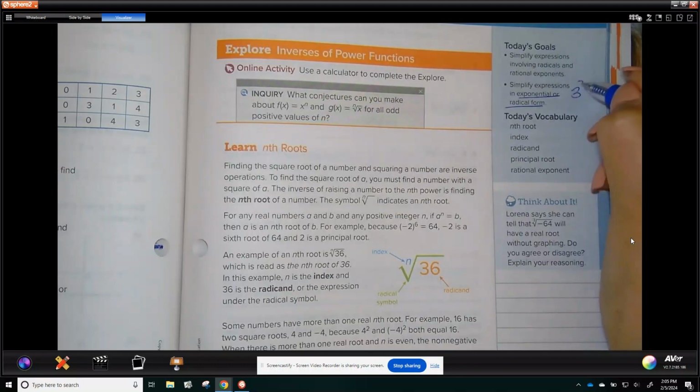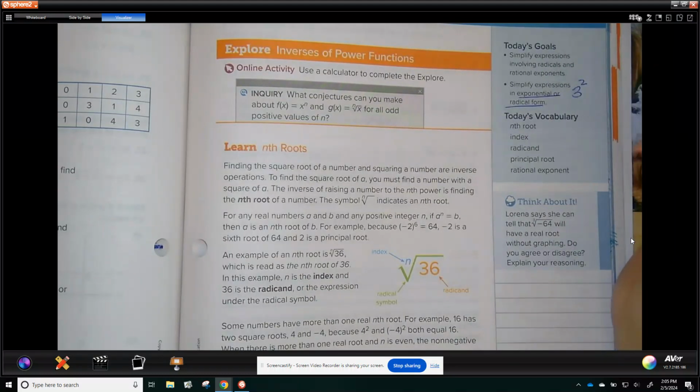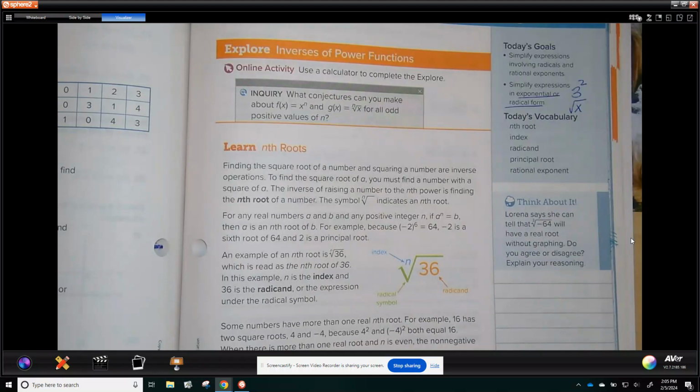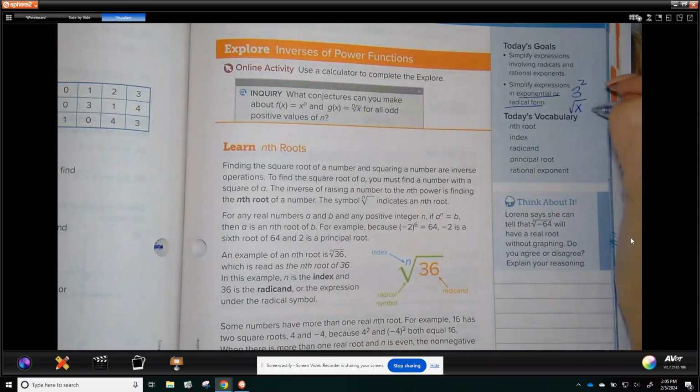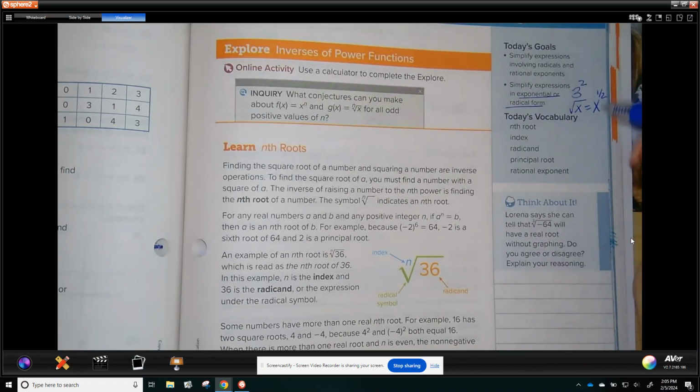Exponential is an exponent, and radical form is this. And you're going to learn the equivalent of this would be exponential form, radical form. These two are equivalent, and I'll go into more of that.